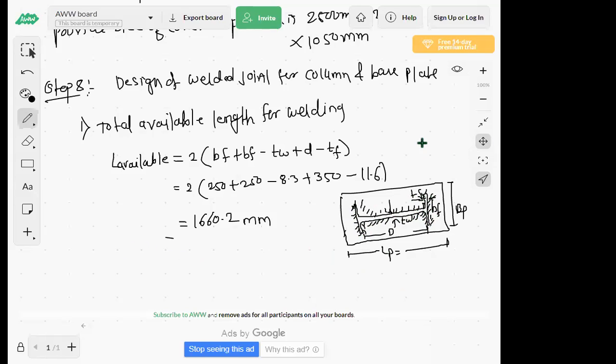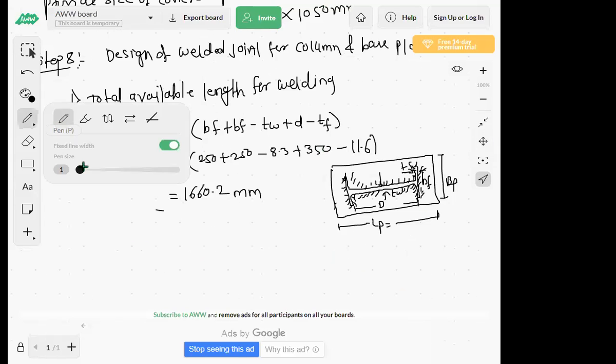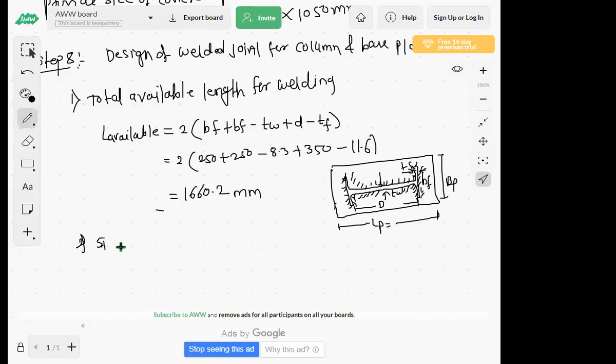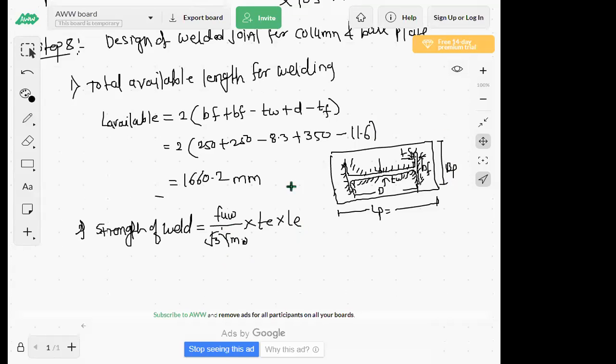So now number 2, we have to calculate strength of weld. So strength of weld is equal to your FUW divided by under root of 3 gamma MW into T into LE. So effective length we have to calculate for that.